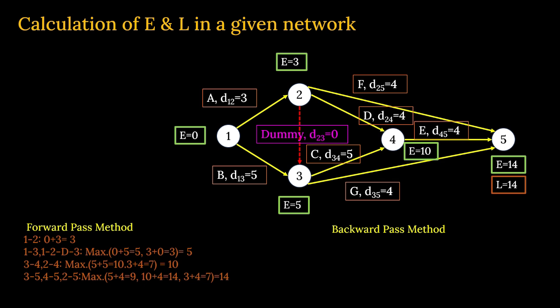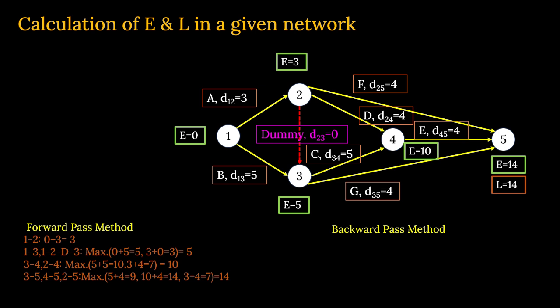These two will be the same, because once you know that if we start early, the project will take only 14 days, then if I start late also, I cannot cross that 14 days. 14 days is the ultimate limit. Within 14 days the project has to be finished.